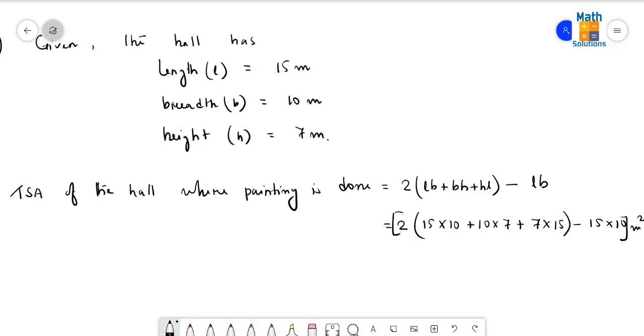So let us check how much we get. 150 plus 70 plus 105 minus 150 meters square.